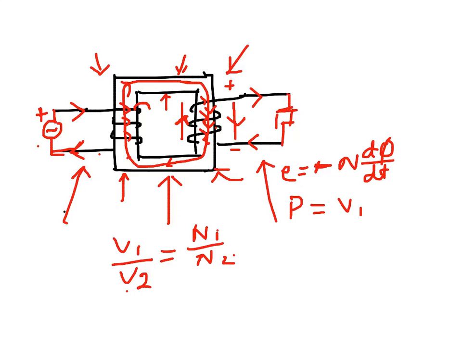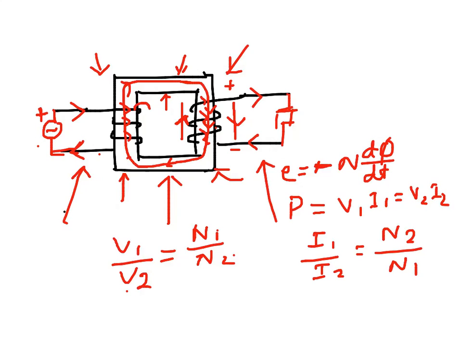So basically V1 I1 is equal to V2 I2, and so I1 over I2 will become N2 over N1, just like that. So these are the two ratios that are true for a transformer.